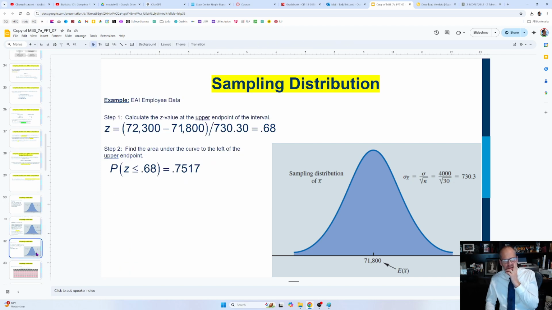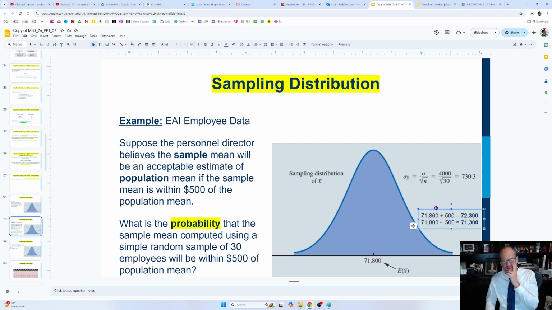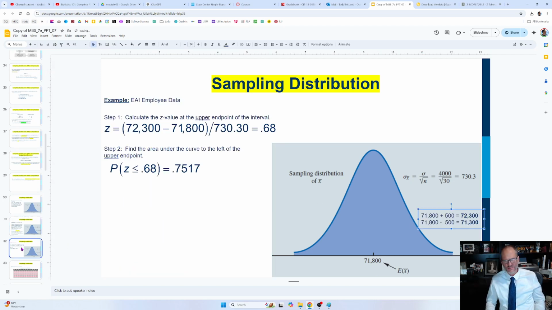To calculate that, we get our z-score. Let me bring these values over so we can remember them. Our z-score is 72,300 minus 71,800, divided by 730.3. That's the upper endpoint of the interval.